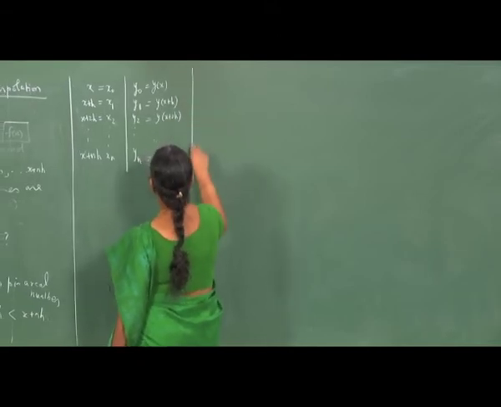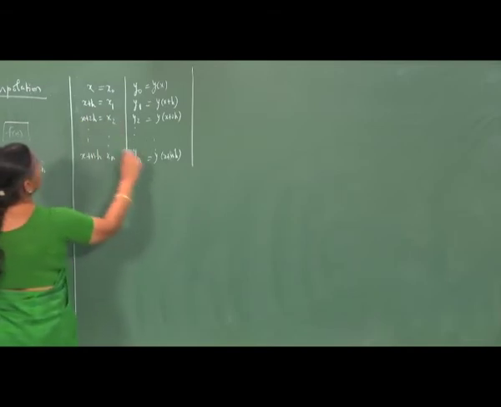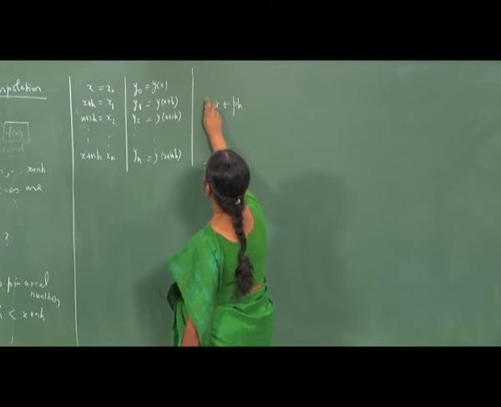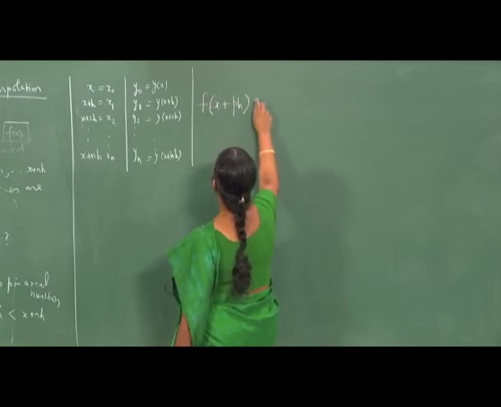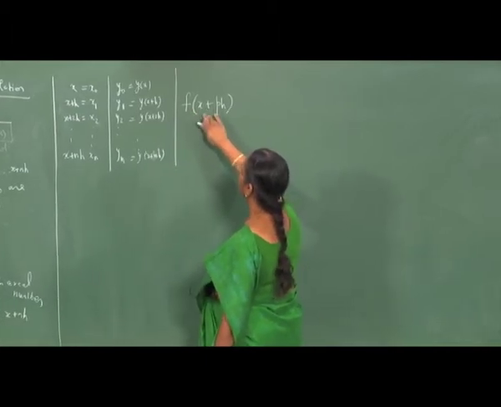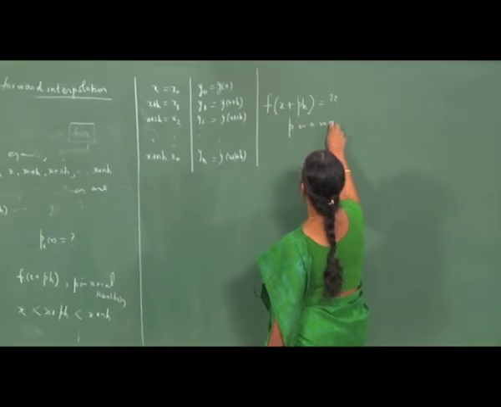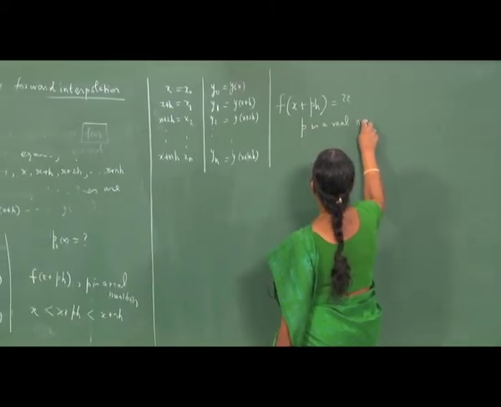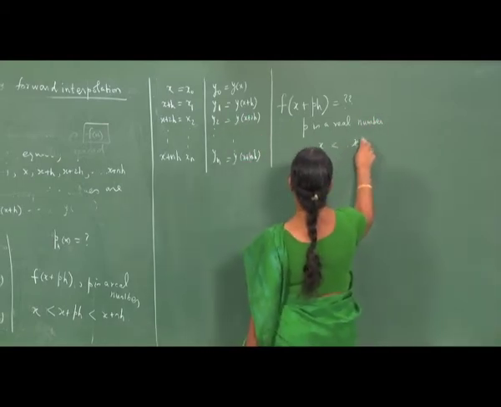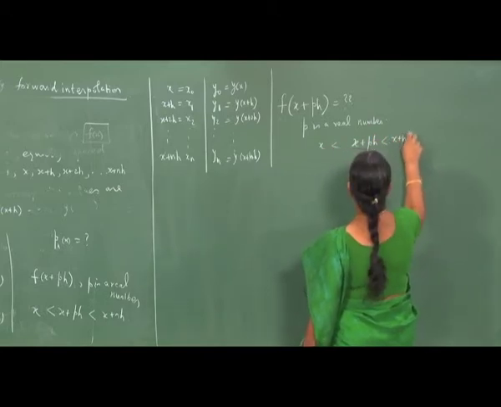I want an interpolating polynomial, and I also would like to get the information at some point x plus ph, so that I can give you what the information is about the function f at x plus ph, where p is a real number. Because I want x plus ph to lie between x and x plus nh.